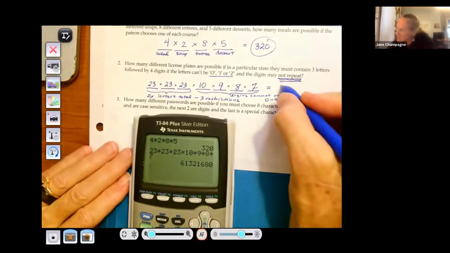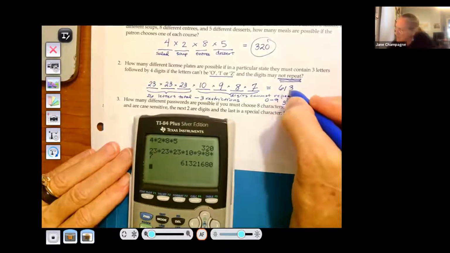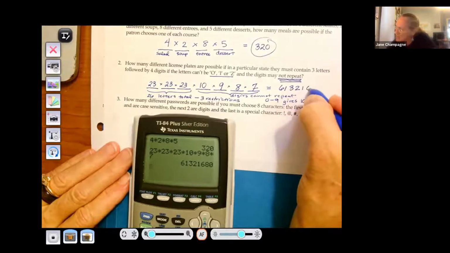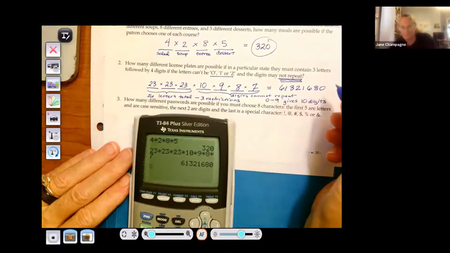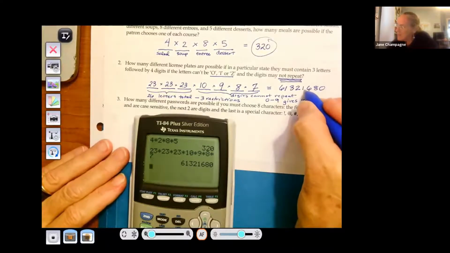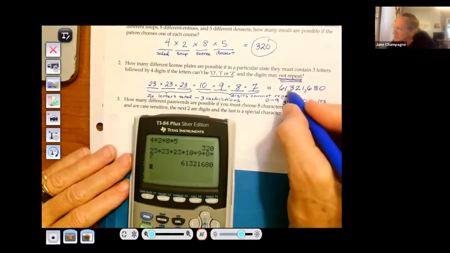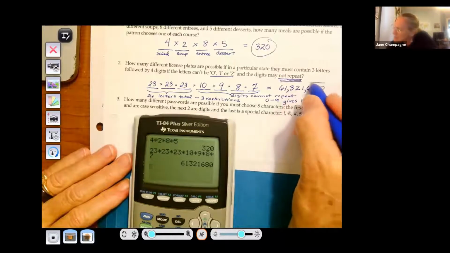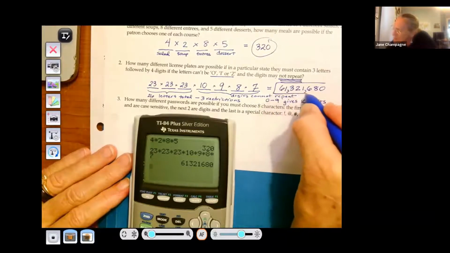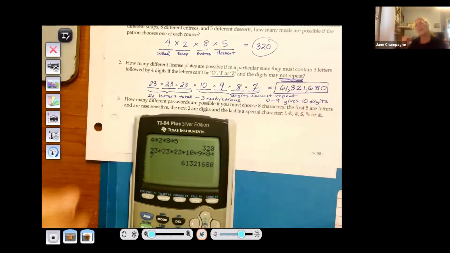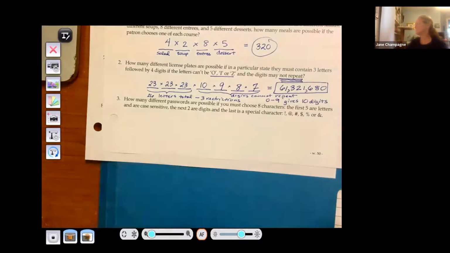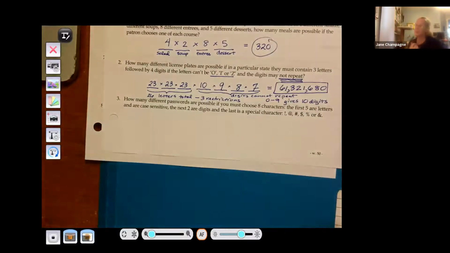So that's 61,321,680 different license plates. Lots of options, right? Well, you've got to have a lot of options for license plates. Some of these numbers are going to get real big, and in fact, you might even see scientific notation with a positive power of 10, right, for especially big numbers.